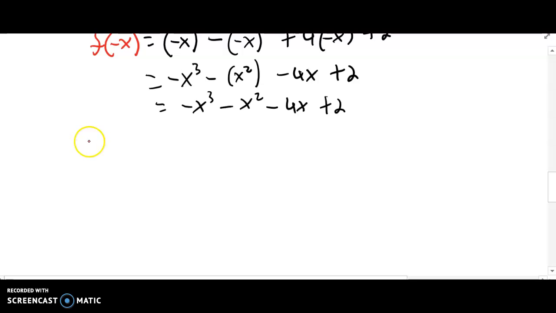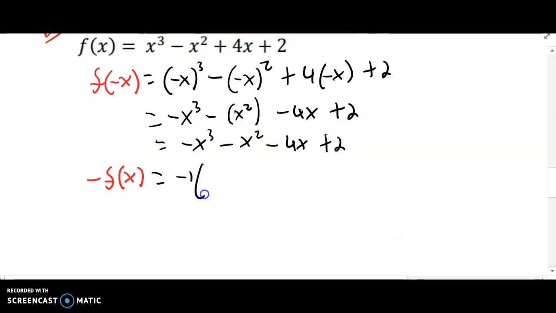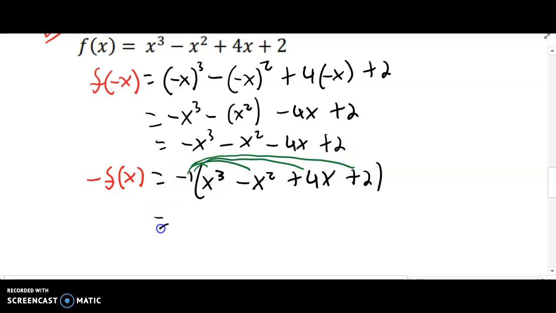Let's see if it's odd. Let's see what negative f of x looks like. So I'm going to put a negative 1 on the outside, and then we'll distribute it outside of the original function. So I'm going to distribute to everybody, and I get negative x cubed plus x squared minus 4x minus 2. This has plus 2, this has minus 2.